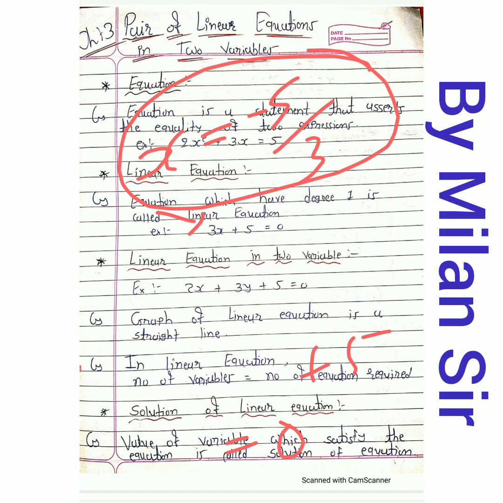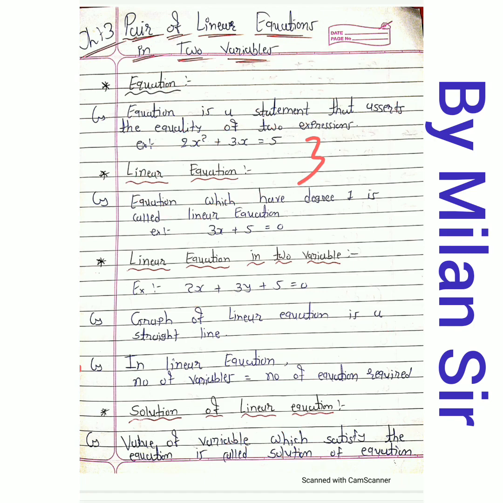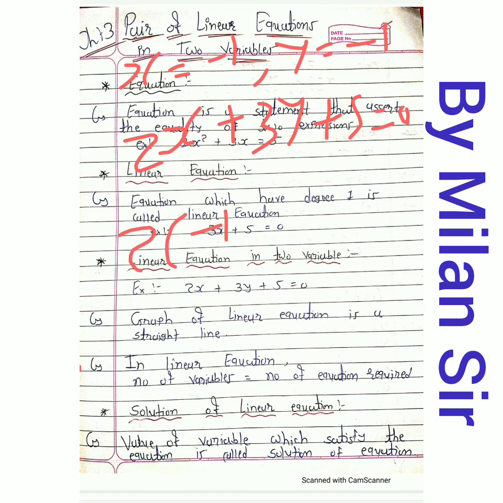One more example we have, 2x plus 3y plus 5 is equals to 0. Now put x is equals to minus 1 and y is equals to minus 1. So in place of x minus 1, and in place of y minus 1.